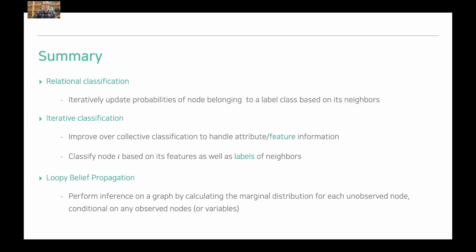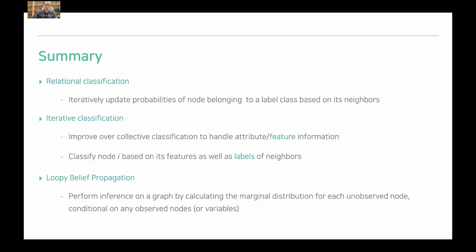Today we have talked about relational classification. It iteratively updates probabilities of a node belonging to a label based on its neighbors. The second one is iterative classification. It improves over collective classification to handle attribute feature information and classify node I based on its features as well as labels of the neighbors.